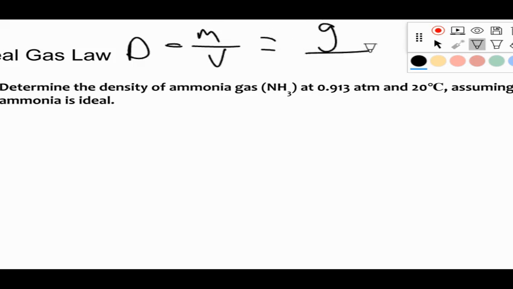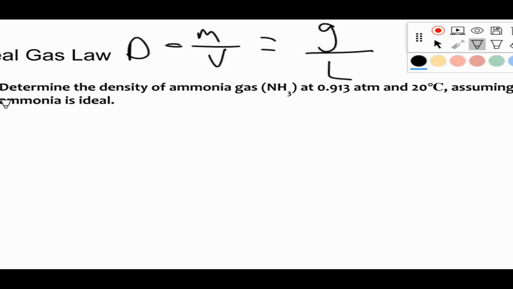And in AP, it's almost always going to be grams per liter for our mass and volume. So I'm going to have to go through and solve this problem out using the values that it gave me. If it doesn't give me some values, then I am going to have to make some assumptions.